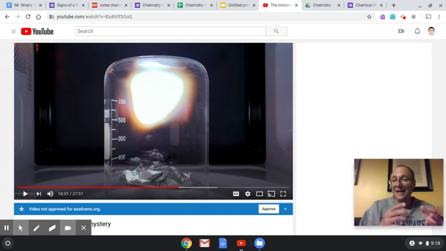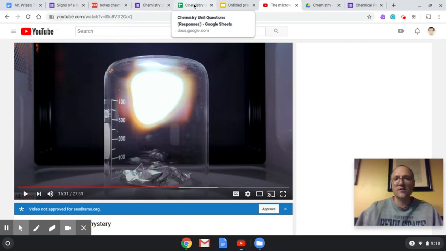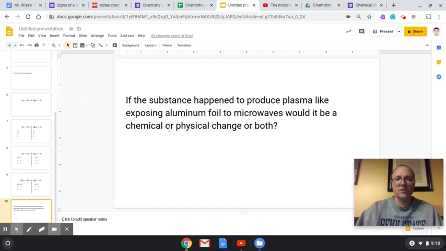Ozone is O3, and that's a chemical reaction to get it to change because it's got a new chemical formula as well. So the combination of the nitrogen and the ozone forming the nitrous oxides is what's producing that yellow light there. And so that plasma, because it's at a higher energy state, is causing the air to react. But the initial reaction, just converting it to plasma, is just a physical change. So that was a great question. Had a little fun looking that up.